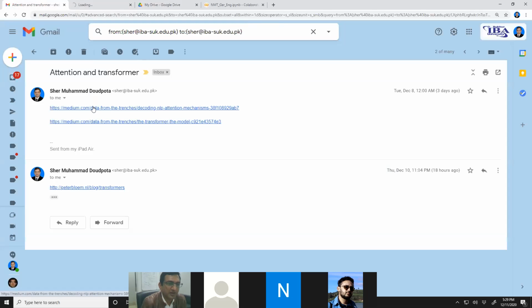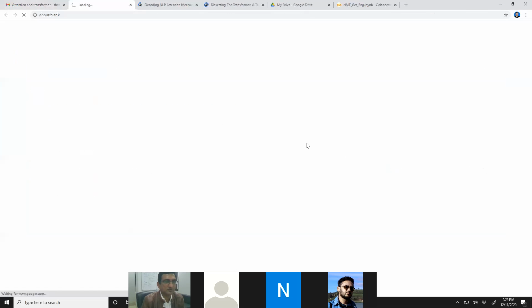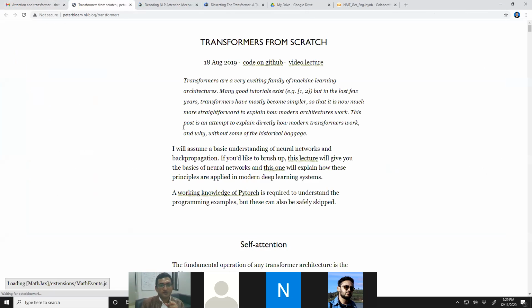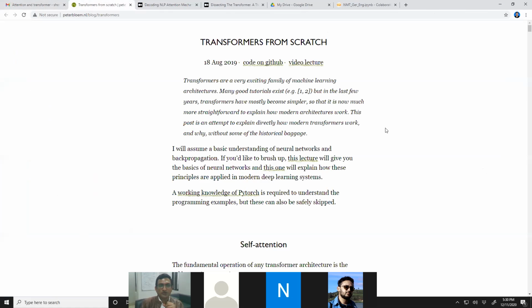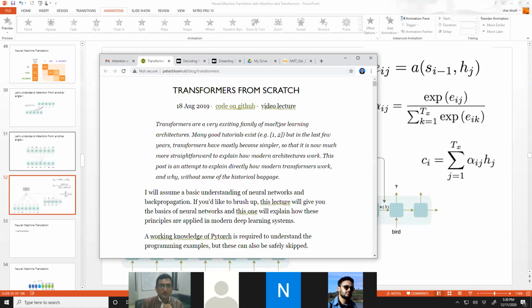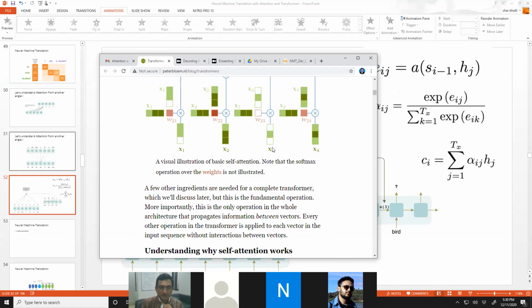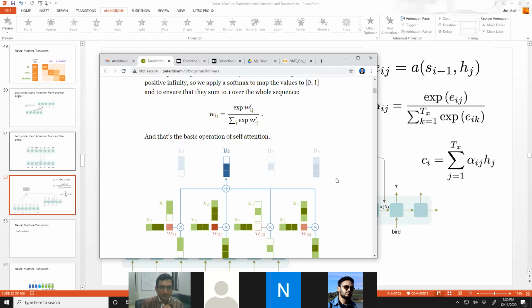I have read at least 20-25 different articles and tutorials to develop my understanding, but I have reached the conclusion that these three are probably the best. So you need to read all these three to make more sense of the whole attention model and transformer.